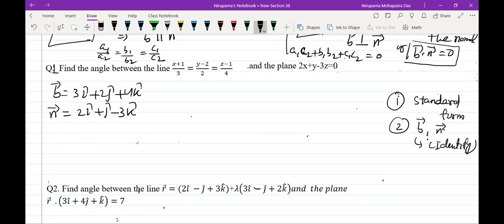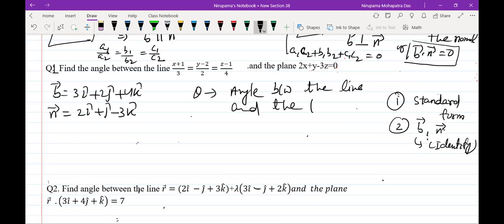Now theta is the angle between the line and the plane. So we have to take sin theta equal to b dot n divided by magnitude of b into magnitude of n.